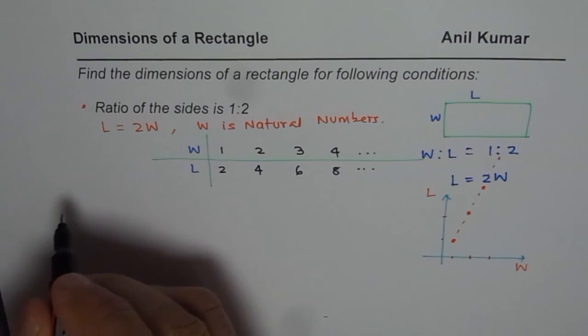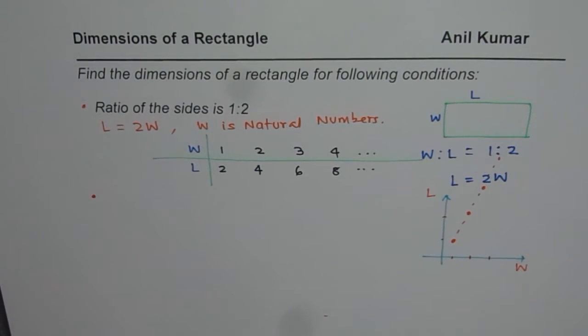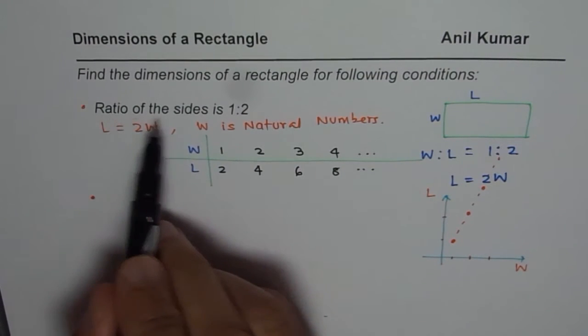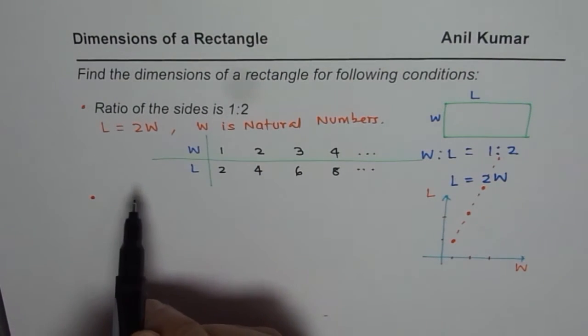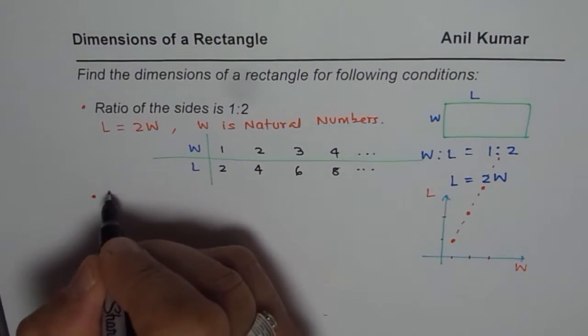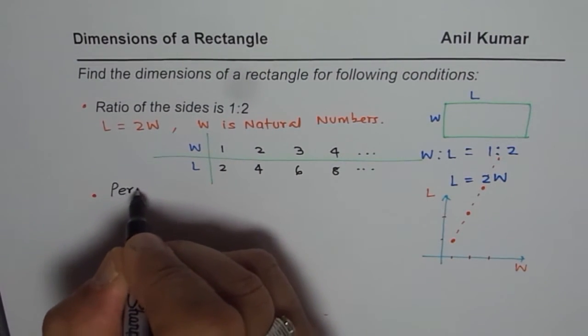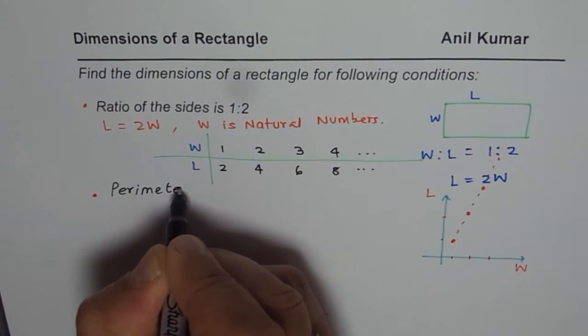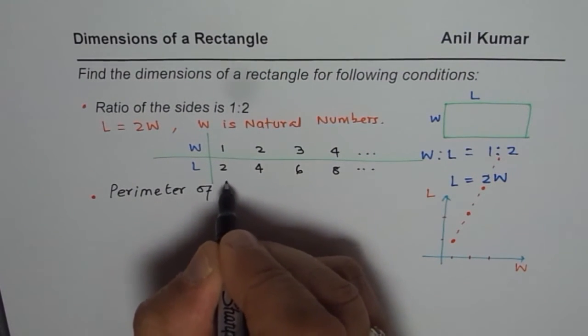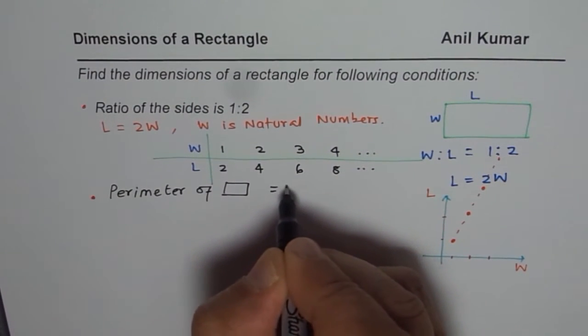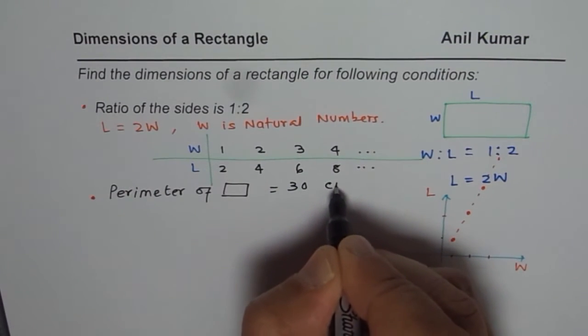Now to restrict the number of solutions, we can impose some conditions. We say the ratio of the sides is 1:2, and let's say the perimeter of the rectangle is 30 centimeters.